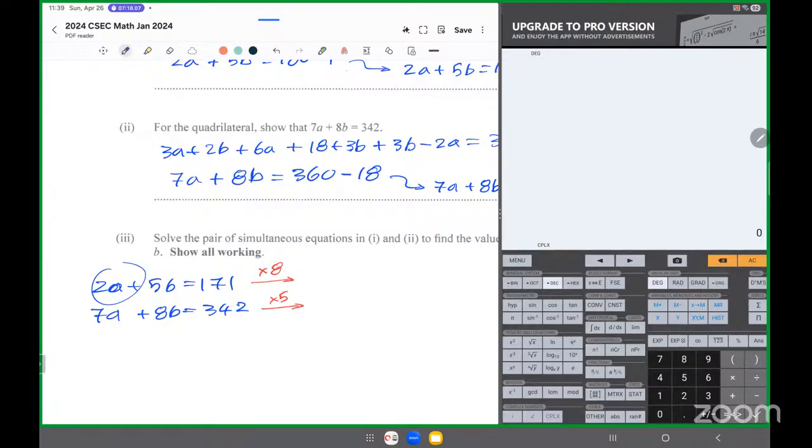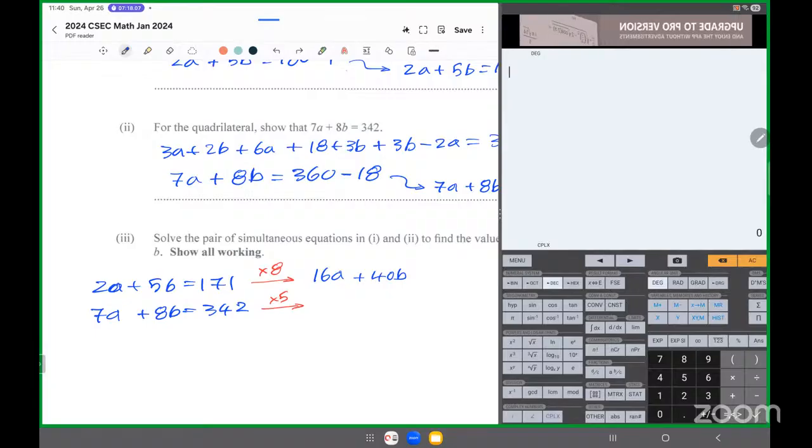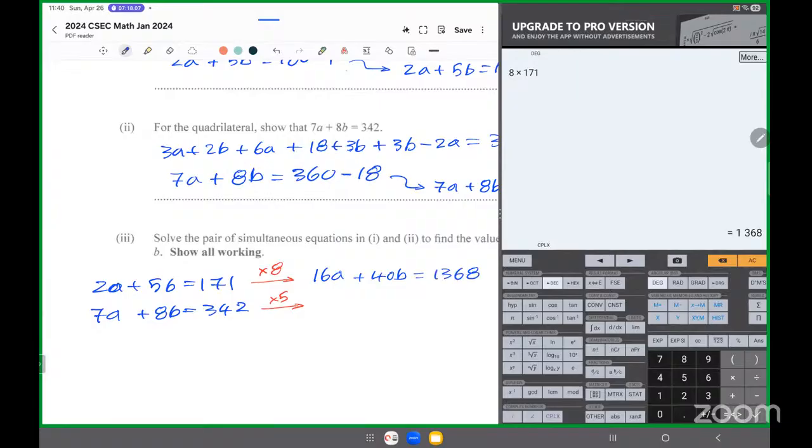The 8 times 2A is clearly 16A. The 8 times 5B is 40B. 8 times 171, I'm going to get 1368.